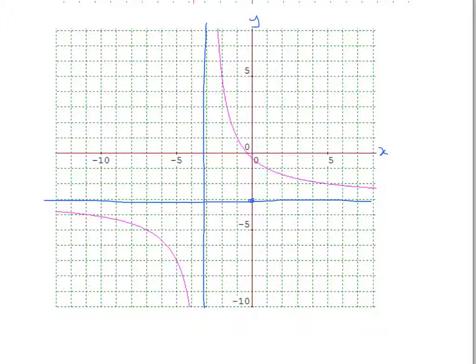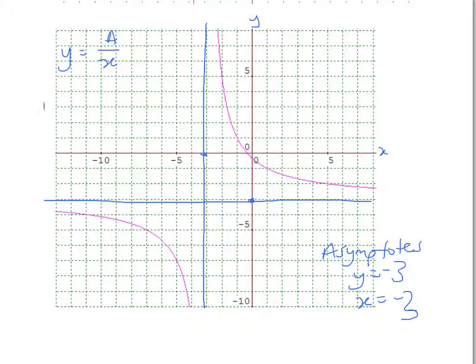The asymptotes are at y equals -3, and our x is at x equals -3. Those are our asymptotes. Now from y equals a over x.